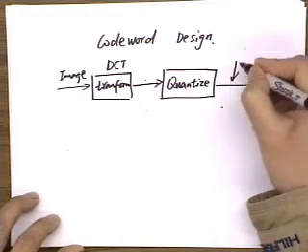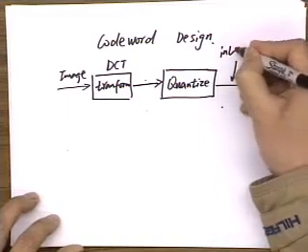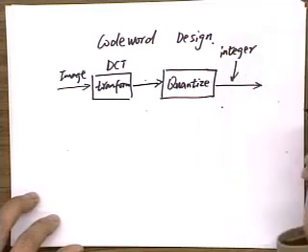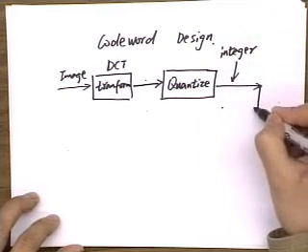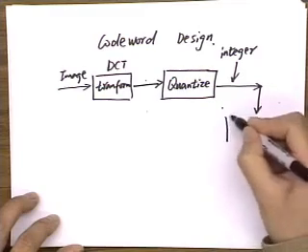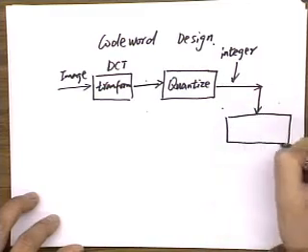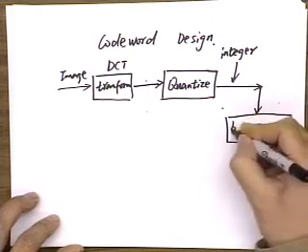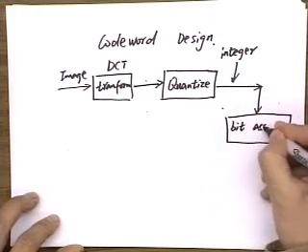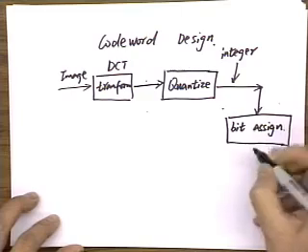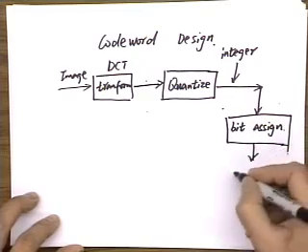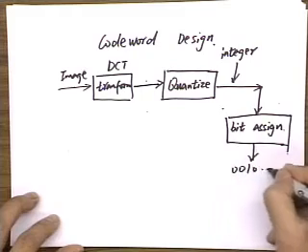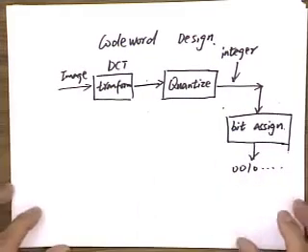Here we get some integer values. Then we apply the code word design or the bit assignment in order to get some bits, and now we get the bits as a string, 0010.